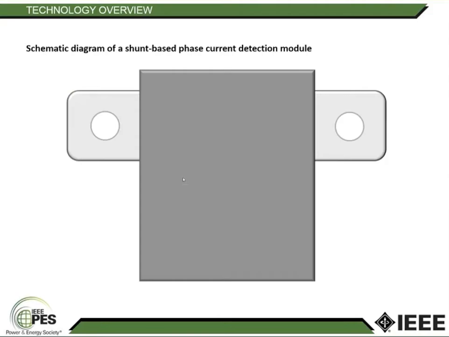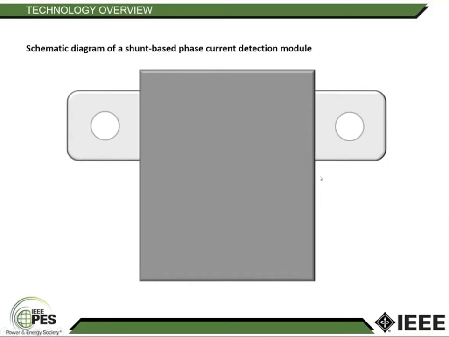So, the basic component of this module is obviously the shunt itself, which is the light gray area here where you can see the two shunt legs. Those are usually copper shunt legs. And then in between, which is covered by the gray box right now, you would have the resistive alloy that actually measures the voltage drop.